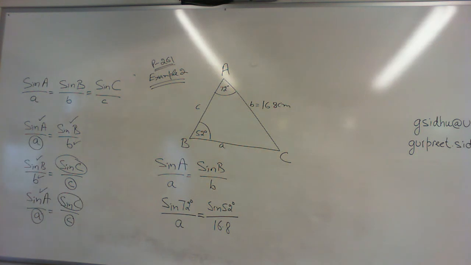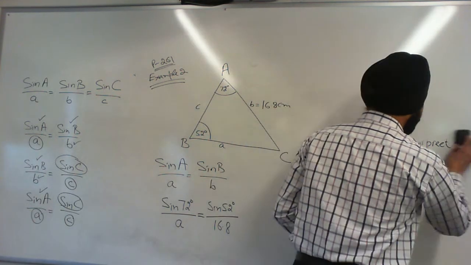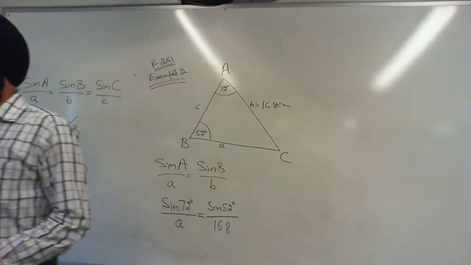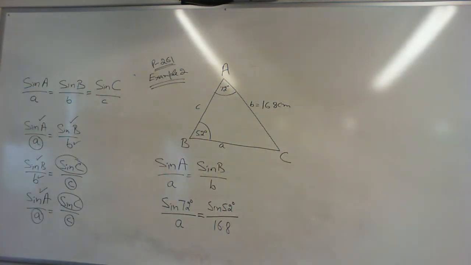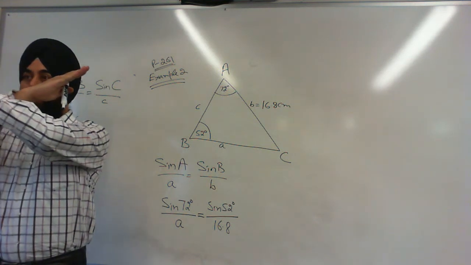Okay, you need to learn another thing in these types of problems. You need to know what cross multiplication is. Do you know what cross multiplication is? You multiply cross this way. This is called cross multiplication.